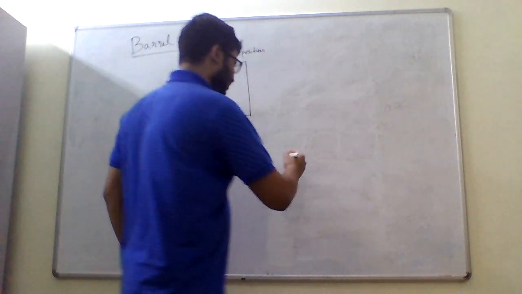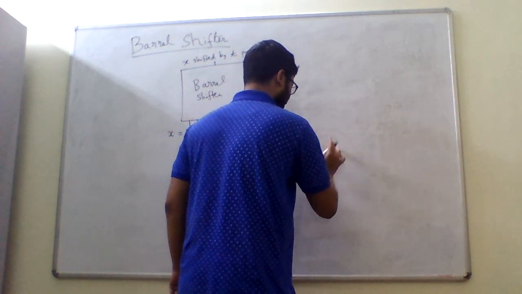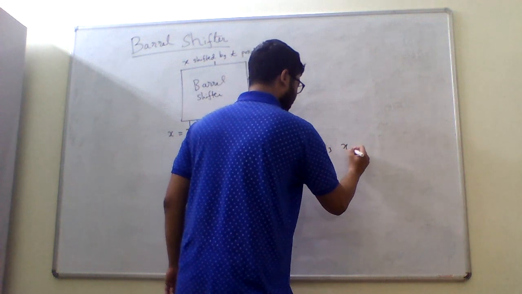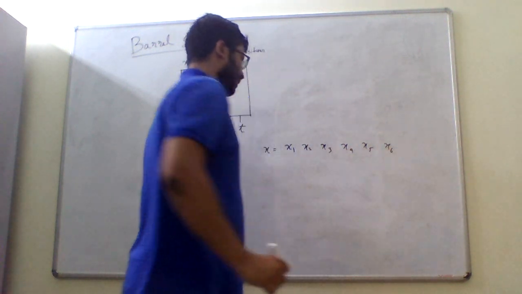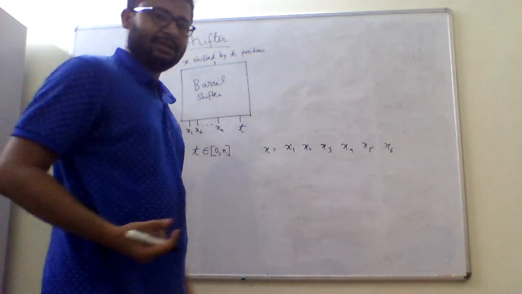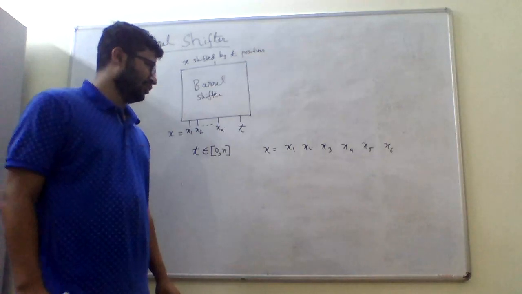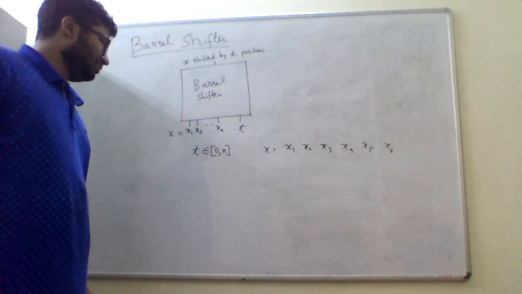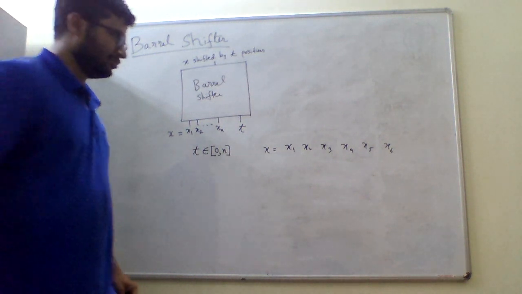So again, x1, x2, x3, x4, x5, x6, this is x, and now we have t, which is a number between 0 and 6, so we'll need 3 bits to write down such a number. So t is a 3-bit string, let's call it t0, t1, t2.